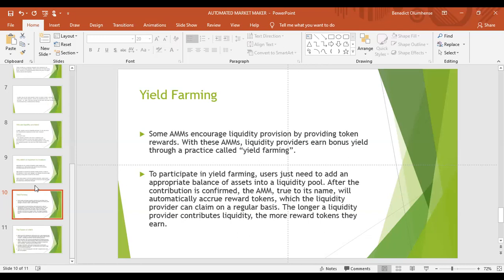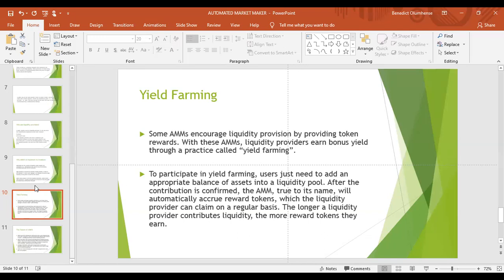To participate in this, you just need an appropriate balance of assets in the liquidity pool, meaning the same. If you go back again, the X amount of digital asset multiplied by the Y amount of digital asset equals K, right? That's the formula in short. There are two types of assets, one digital asset named X, one named Y, and they must not surpass the total amount of K in the mathematical equation.